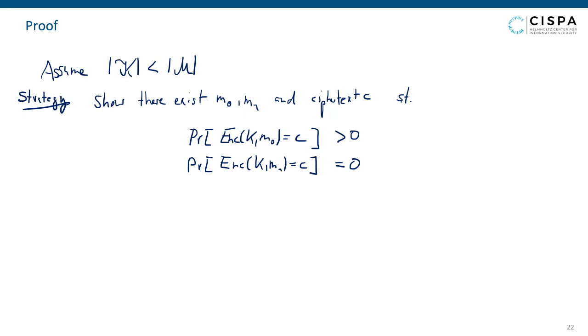And this will, of course, be a contradiction against the second definition of perfect secrecy. This contradicts def 2 of perfect secrecy.